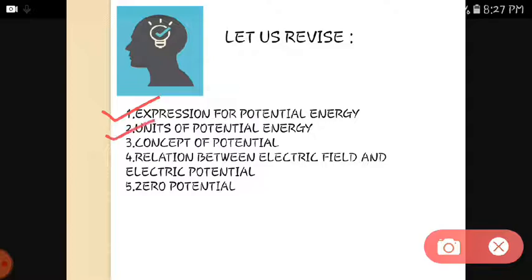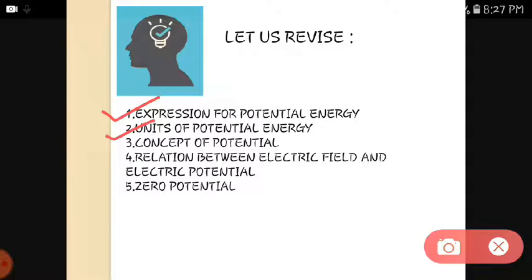Then we have seen the units of potential energy in different systems. In SI we used to say it as joule. In CGS it is erg, or we can convert it into electron volt, eV.